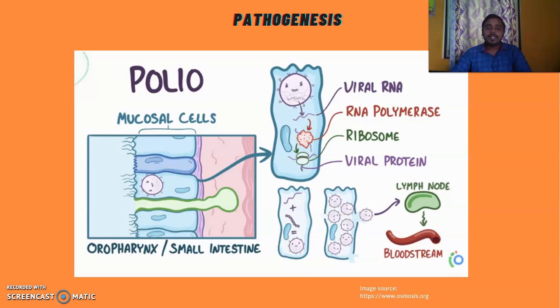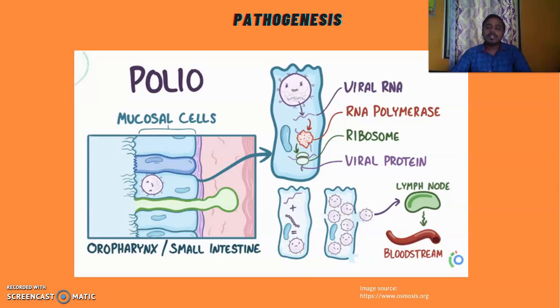So the polio virus first enters these mucosal cells, and after entering inside, the viral RNA is released, along with the help of RNA polymerase. It will make the host cell, that is the mucosal cells, make viral proteins instead of the host cell proteins. This is a special mechanism performed by all types of virus when they enter a host.